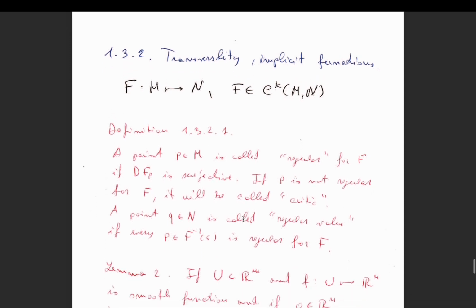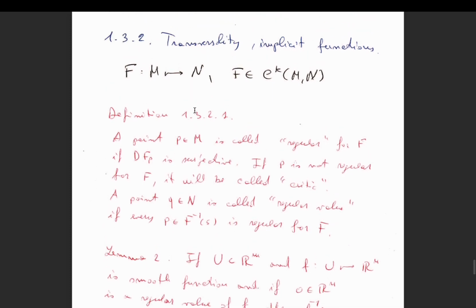Now we want to relate the implicit function theorem to the existence of submanifolds for a given differentiable manifold M. How can we relate these things? First of all, let's consider a k-regular function f from a manifold M of dimension small m into a manifold capital N of dimension small n.